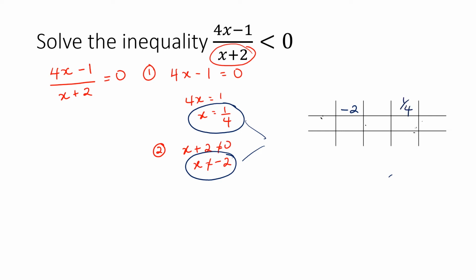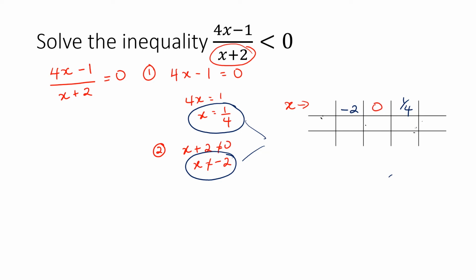Notice I left a space in there because we have to check in between and outside. All these are my x values. Let me think of an x value that's in between -2 and 1/4. An x value I can think of is 0, because it lies between -2 and 1/4 on the number line. So we put 0 here.